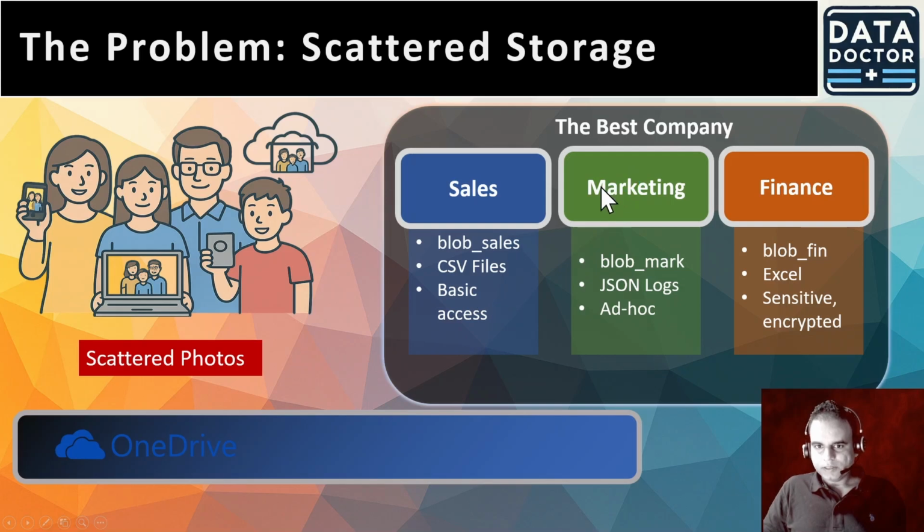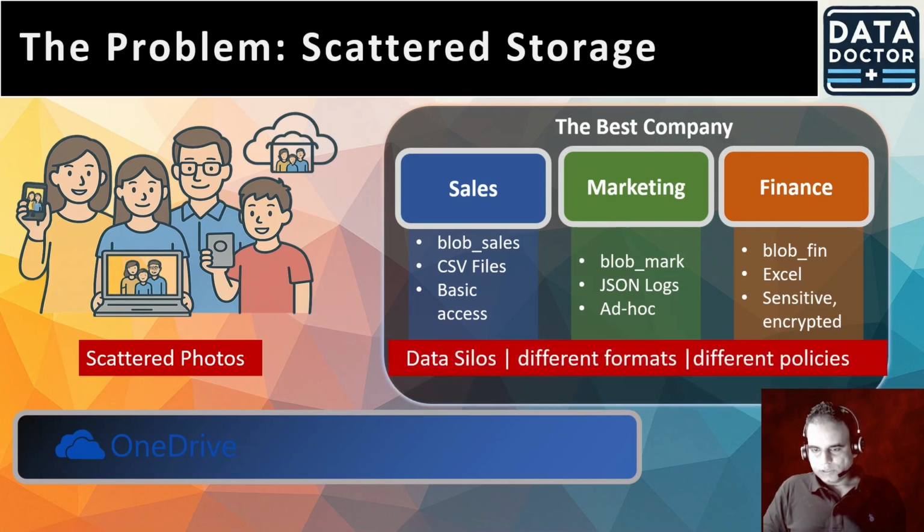Then we have the marketing department with another storage with another JSON type file system, and their security is also ad hoc, which is different from basic access. And the same is the case with another department, finance. Again, different storage and different file format and security system. Now, this gives us a typical example of data silos where data is everywhere. It is in different formats and it is under different policies of security.